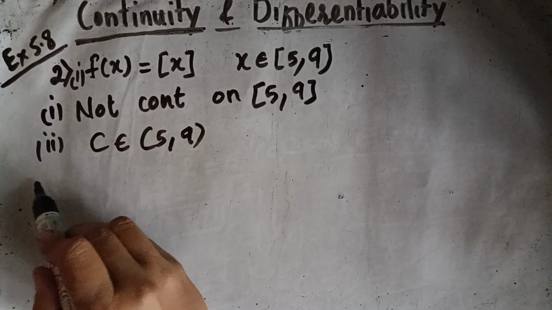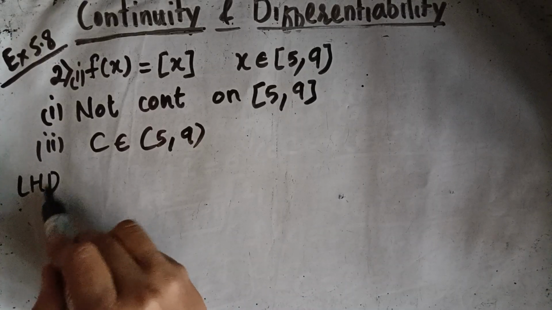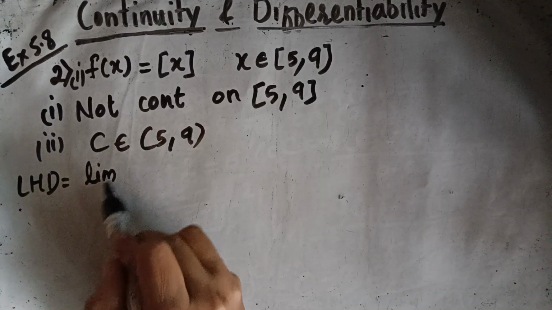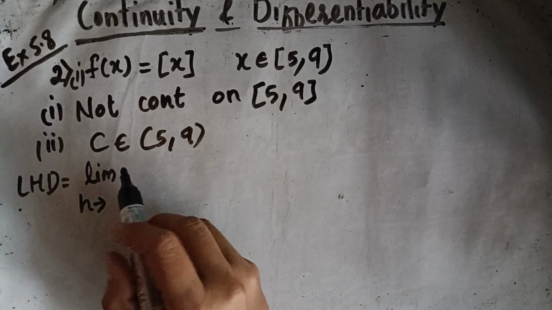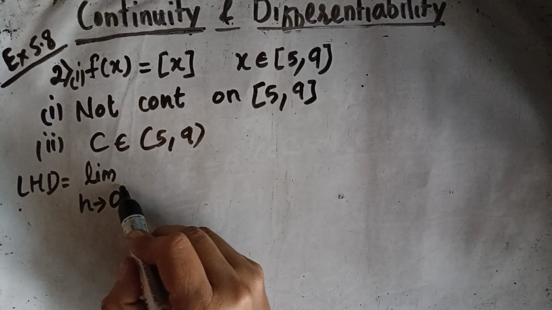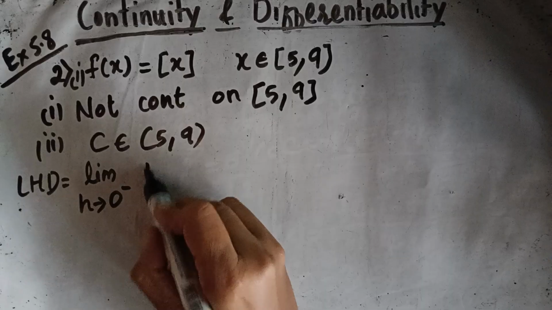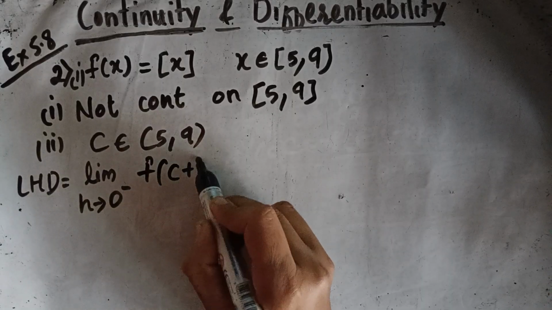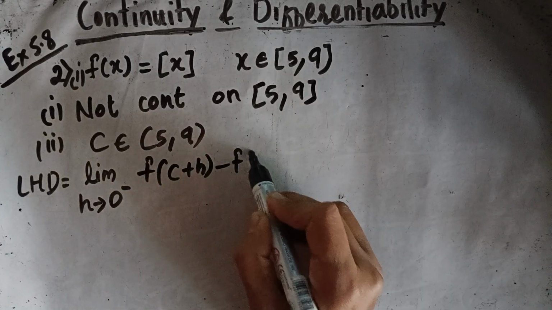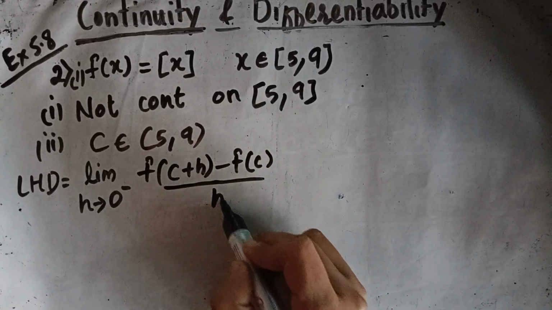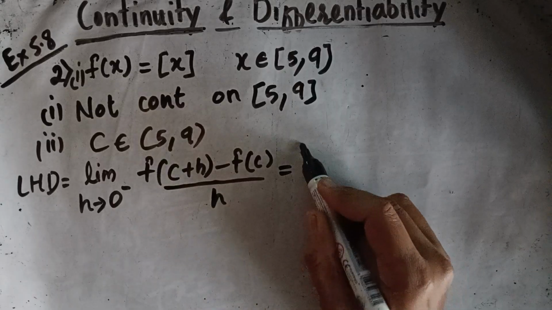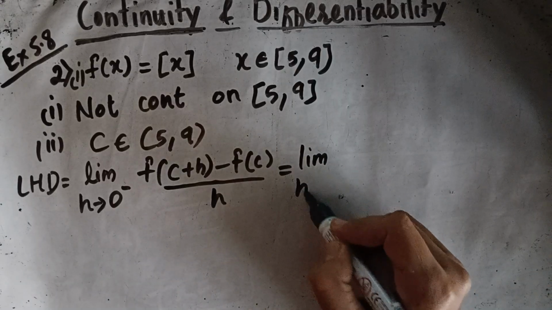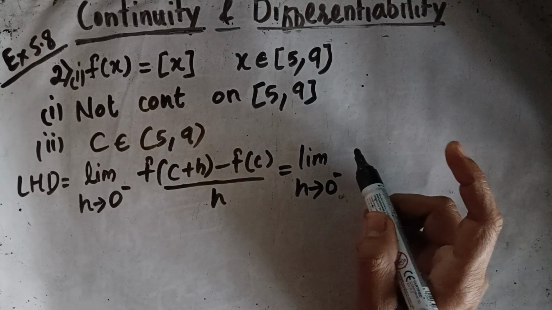So left hand derivative is the limit as h tends to 0 minus of f of c plus h minus f of c upon h. This type of problem we have done earlier also, for the greatest integer function.